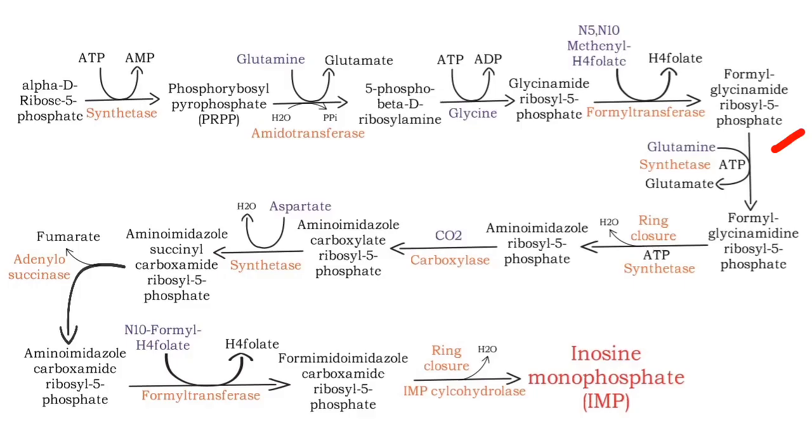So the formyl glycinamide ribosyl 5-phosphate, remember ribosyl 5-phosphate is the umpire. So formyl glycinamide with glutamine is converted to formyl glycinamidine, second nitrogen transfer from glutamine, and the batsman got out, ring closure, and a new batsman comes in, that is aminoimidazole.